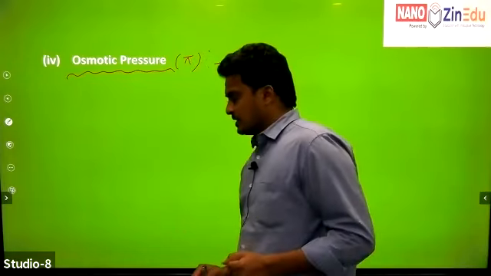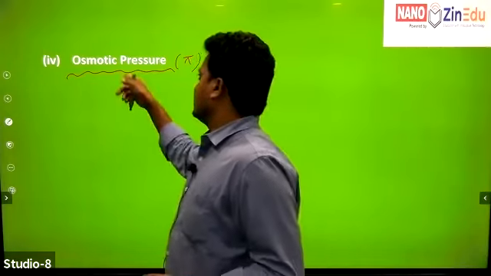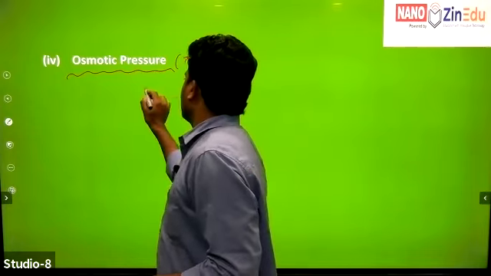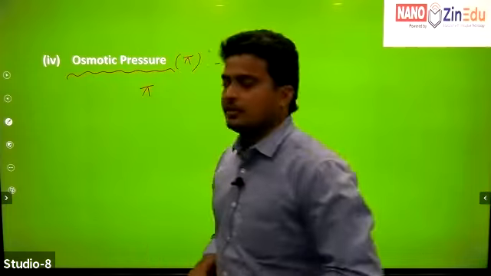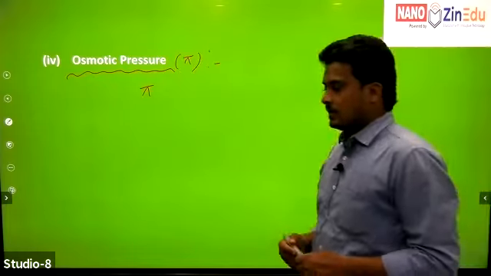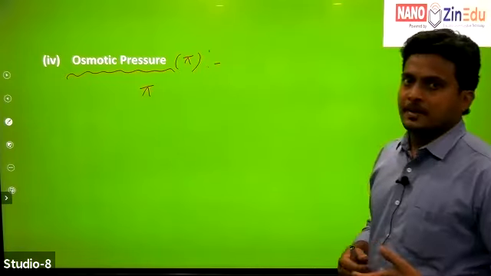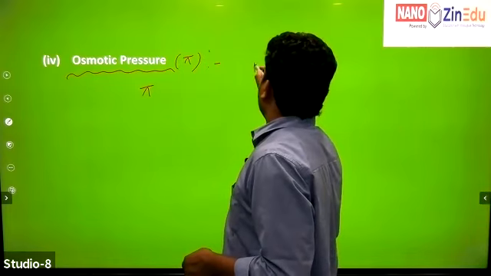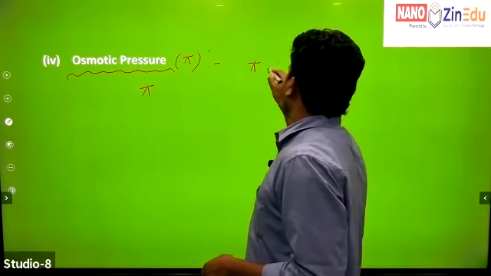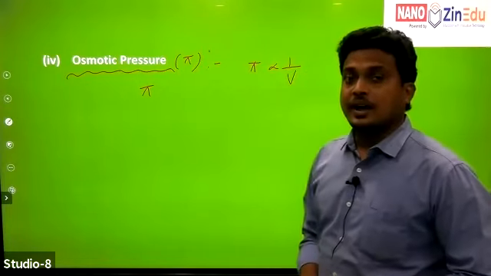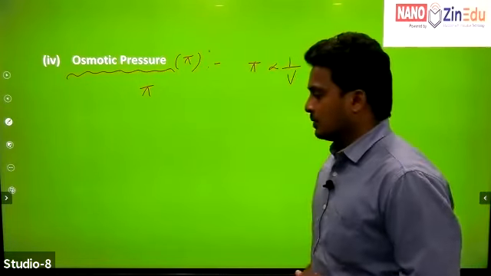For solutions or liquids, pressure is usually denoted with a pi. Now tell me, Amma, according to gases, what is Boyle's law? P is inversely proportional to V, right? Here, pi is inversely proportional to volume, which is called Van 't Hoff Boyle's law. Now, what about Charles' law?